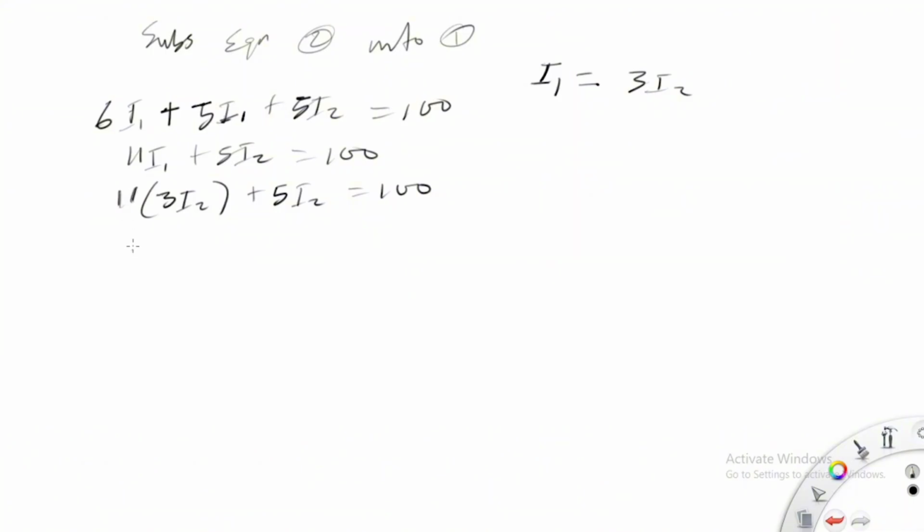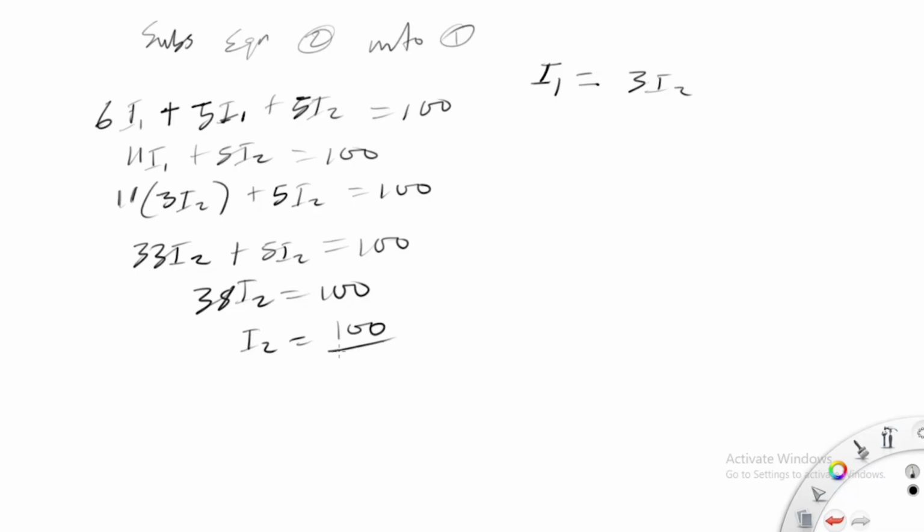So multiplying this, we would have 33I2 plus 5I2 is equal to 100. We would have 38I2 is equal to 100, so I2 is equal to 100 over 38. Here we have I2 is equal to 2.63 amps.